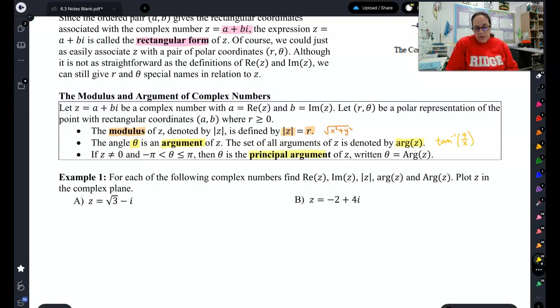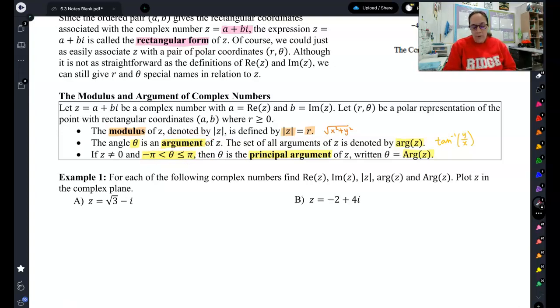We also have what's called the principal argument of z, which is denoted with capital A. And that is if your angle is between negative pi and pi. If the angle is between negative pi and pi, then we call that the principal argument. If your angle is outside these boundaries, then it's just the regular argument.